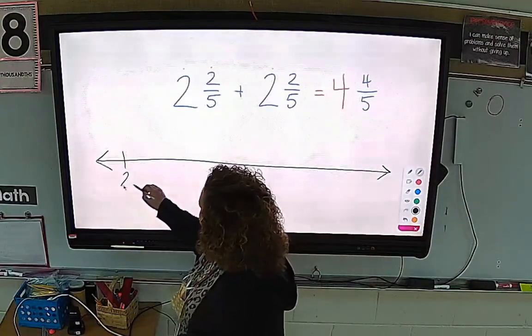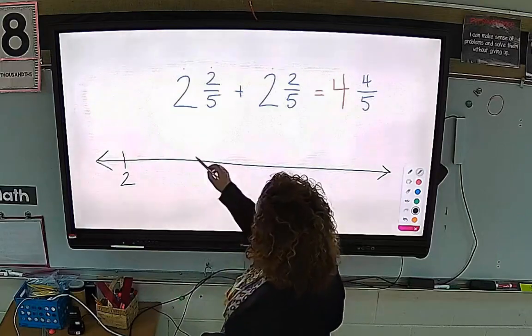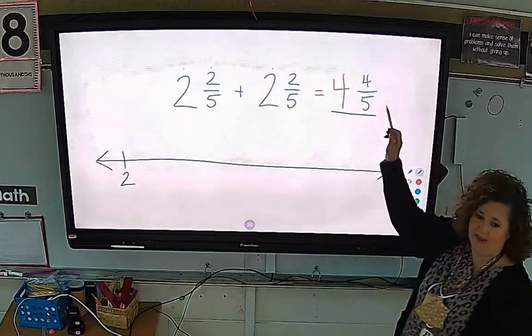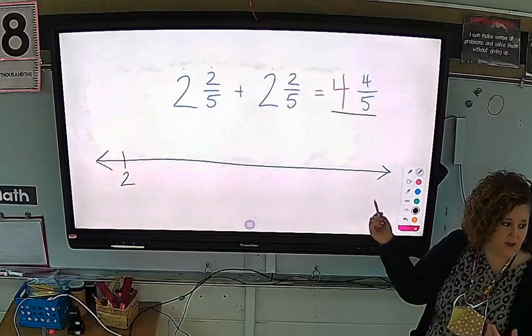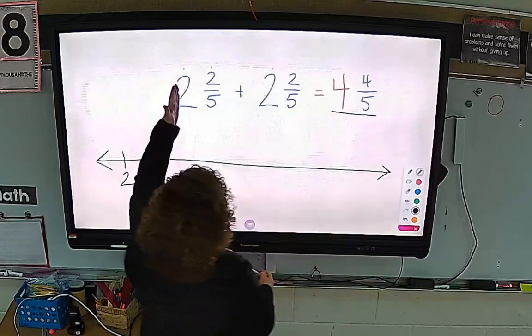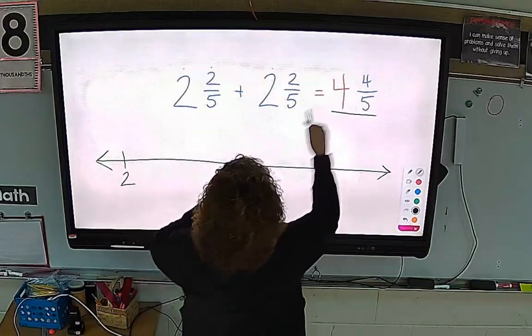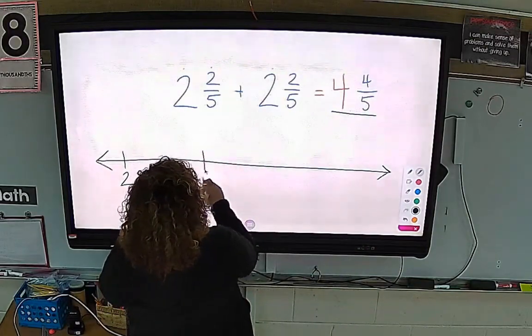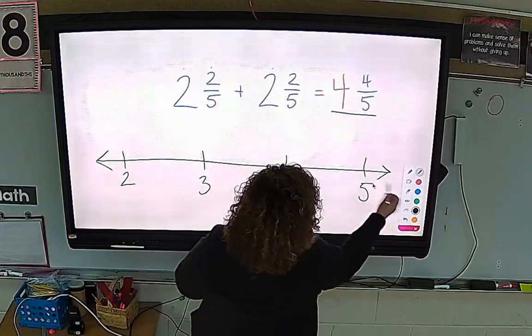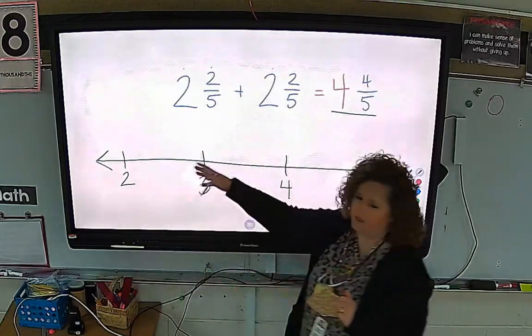Okay, let's let that be a 2. We know that this is going to go a little past 4, so I'm going to go all the way to 5 so I have enough space. Because I need to kind of go from 2 to 5 here. So 3, 4, and 5. Okay, I'm not going to start cutting everything up.